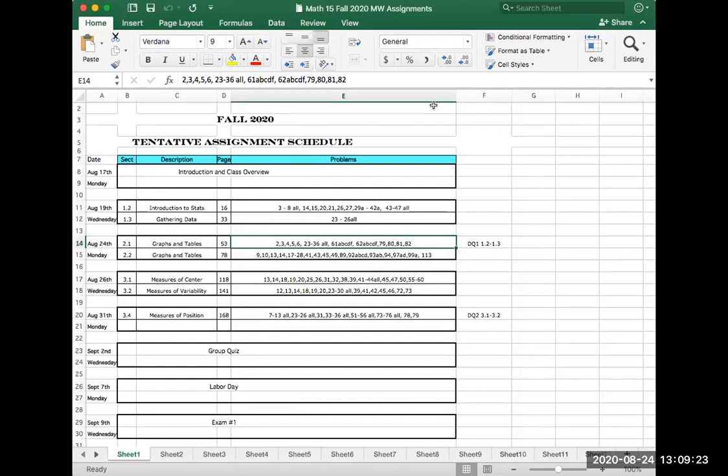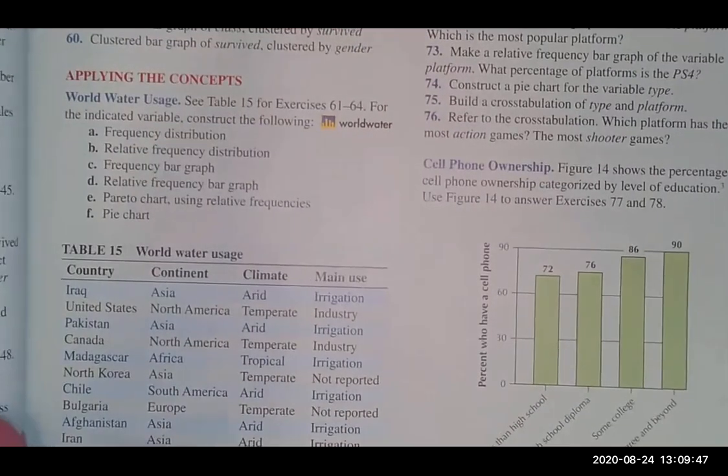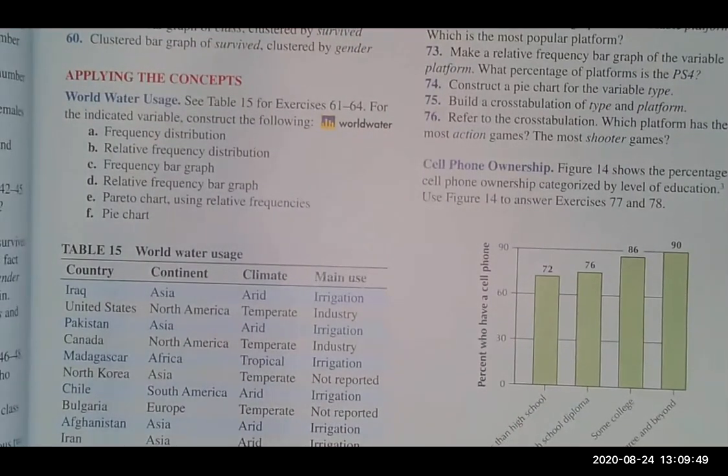61. Oh, okay. So, can you guys see what's on my screen?